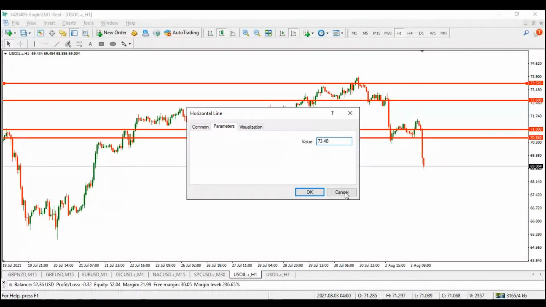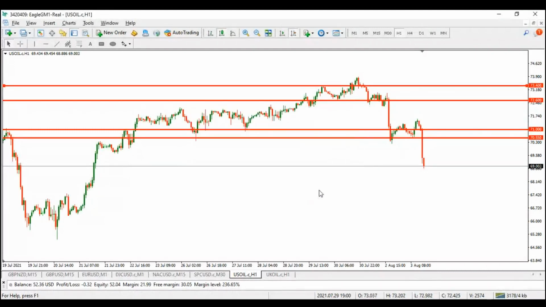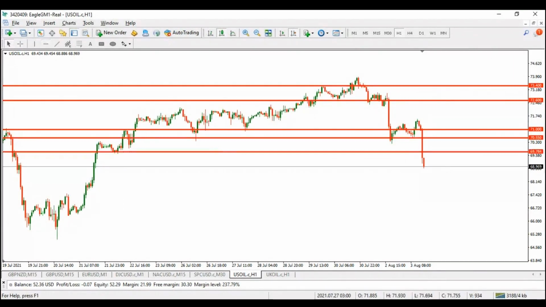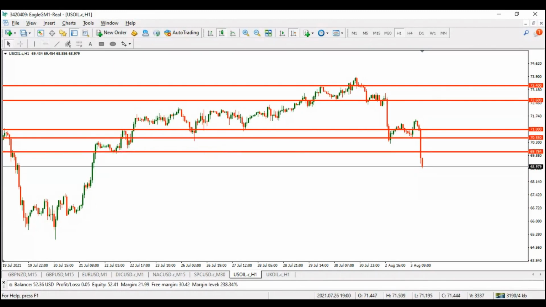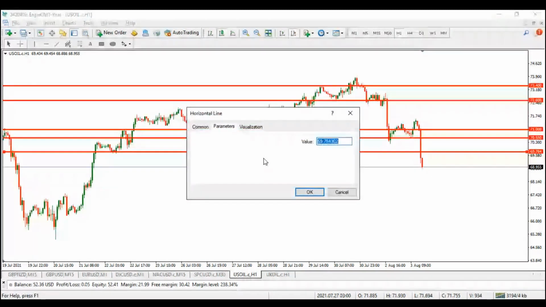Now I'll show you something I did on S&P 500, which was what happened here also. I'll show you guys right after I'm done explaining US oil. We said the target for the long trade would have been 73.90.